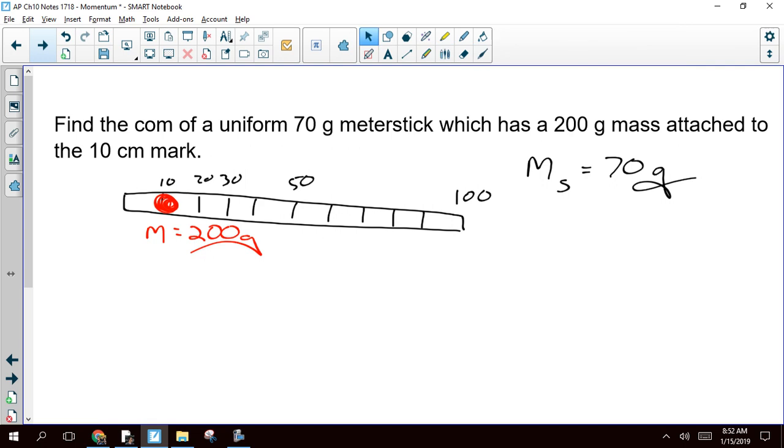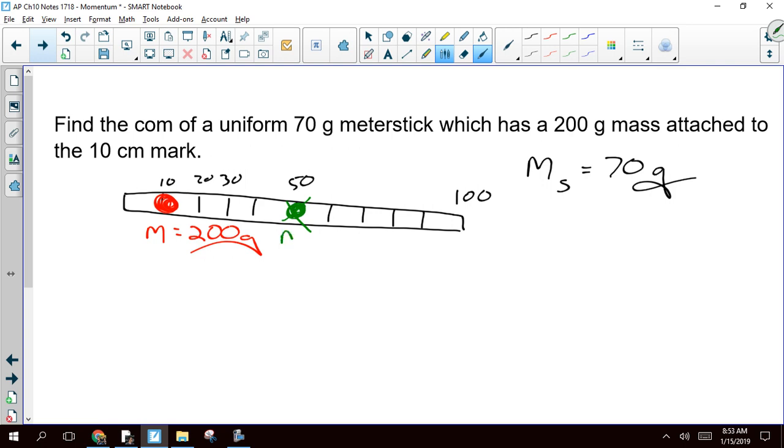And so what we want to do is find the center of mass of this whole thing. Because the meter stick is uniform, its center of mass is simply going to be at the 50 centimeter mark. So instead of thinking of the meter stick as 100 centimeters worth of particles spread out over that length, we can treat it as an object with all of its mass located right at its center of mass.